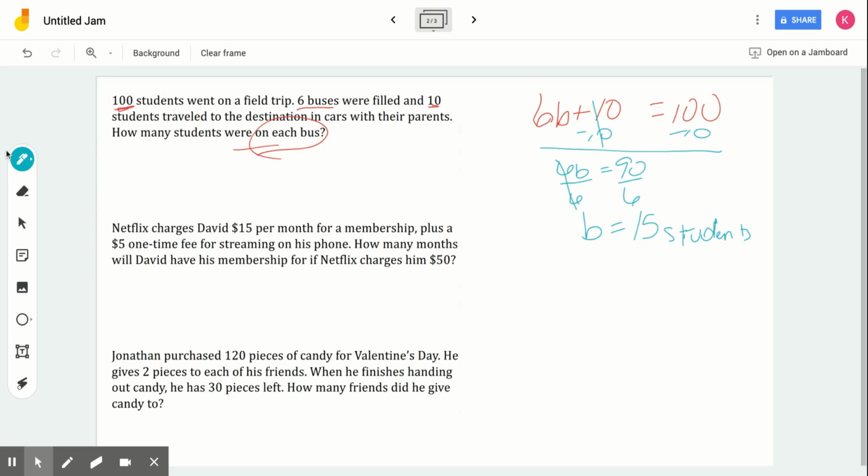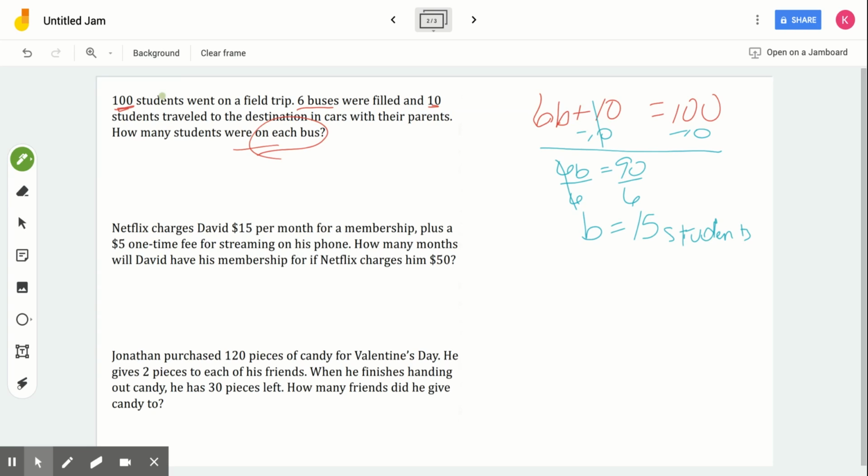Now, if we look at this next one here, it says that Netflix charges David $15 per month for a membership, plus a $5 one-time fee for streaming on his phone. How many months will David have his membership for if Netflix charges him $50? So this format is very similar to some of the ones that we saw on that Google form assignment.